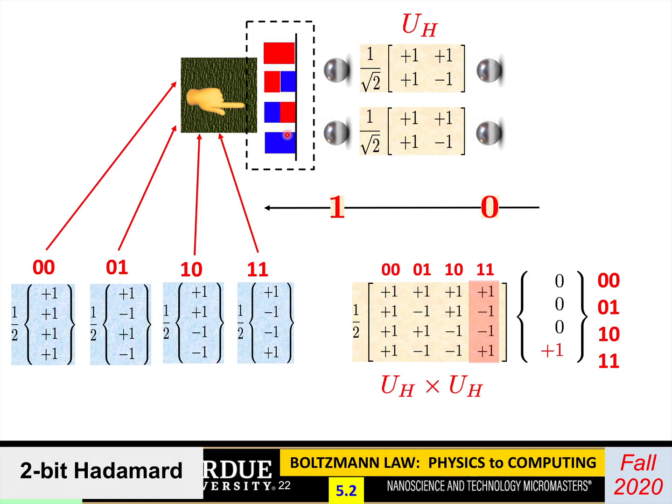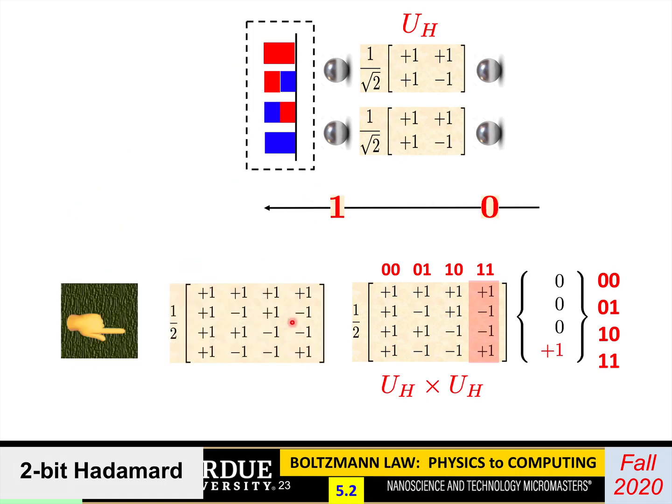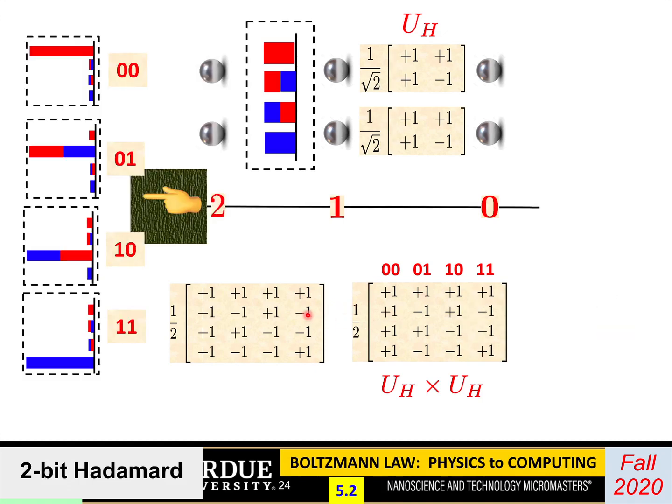But as we noted with 1 qubit, the thing about the Hadamard gate is the magic of applying it twice. When you apply it twice, if you multiply those 2 matrices, you then get the identity matrix, which you can check. And what that means is after you apply it twice, you'll get back what you started from.